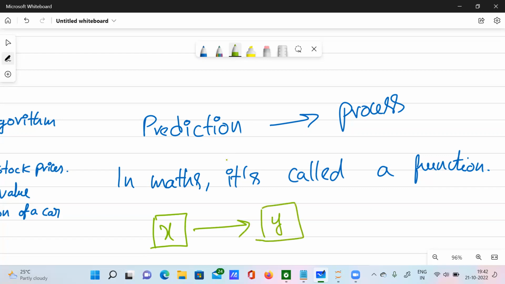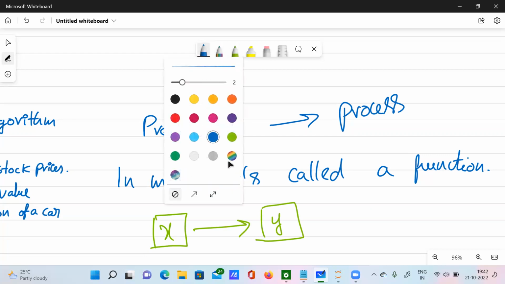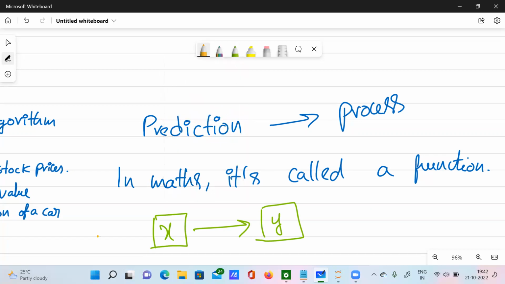So what is meant by this x here? X is nothing but my input. Using this particular input, I'm gonna predict some kind of y, which is nothing but my output, right?